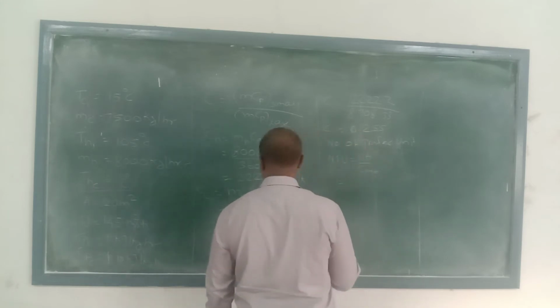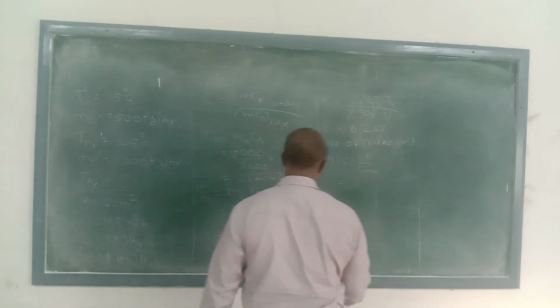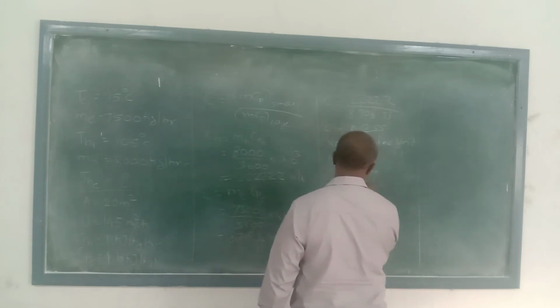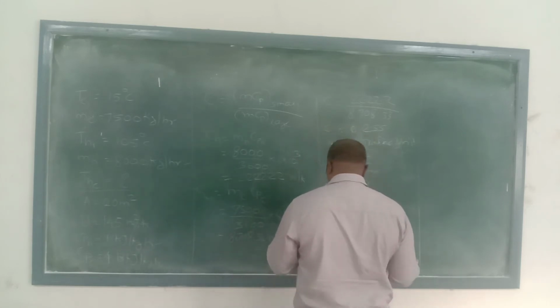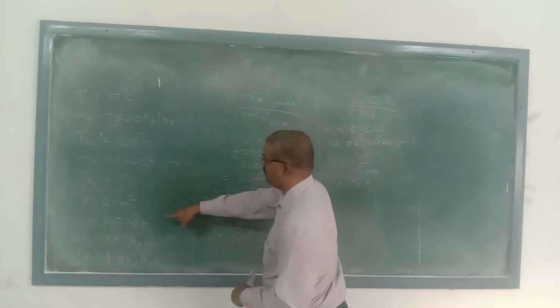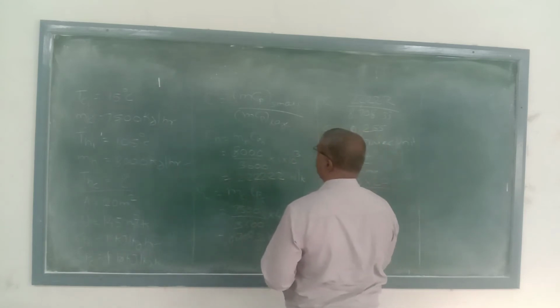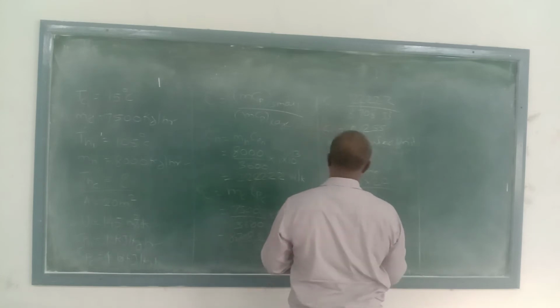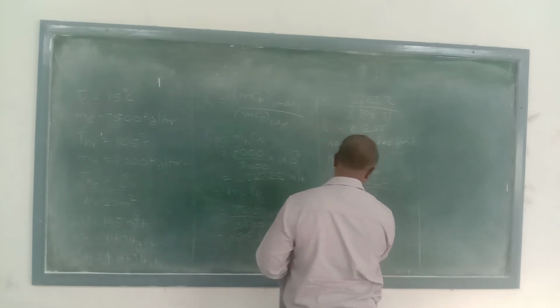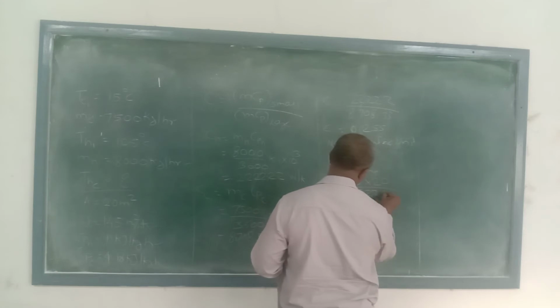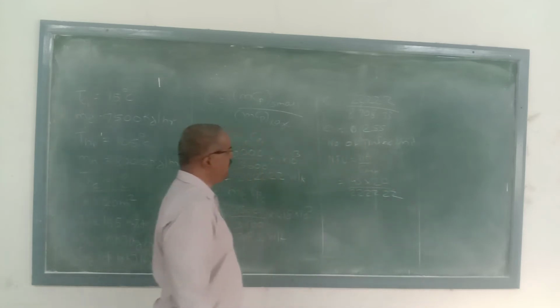So U value they have mentioned 145, area they have given 20, C minimum we have calculated which is 2222.22.